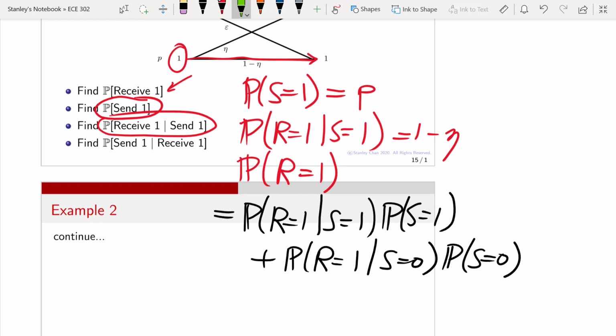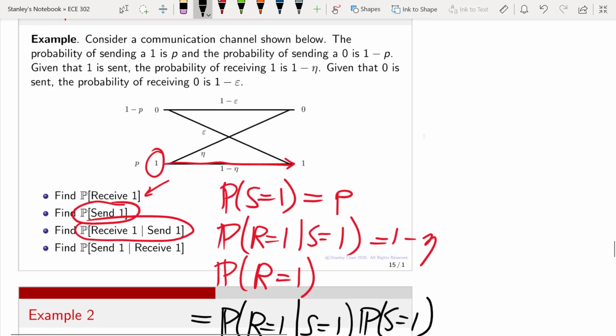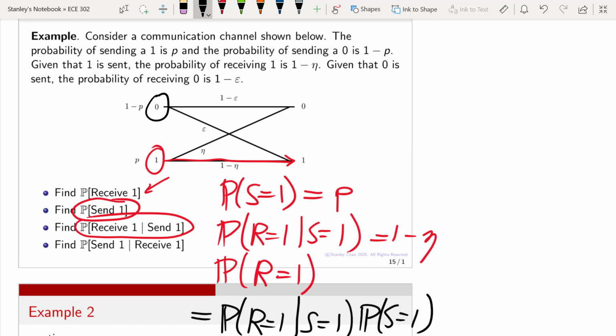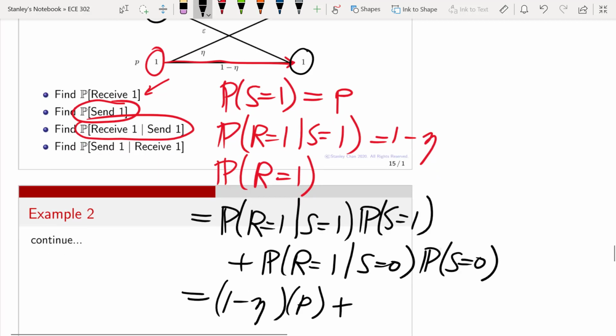The first number, you send a 1 and receive a 1, we just calculated is 1 minus eta. The probability of sending a 1 is P. For R equals 1 given S equals 0, we go back to the diagram: S is 0 and R is 1, and that is epsilon.